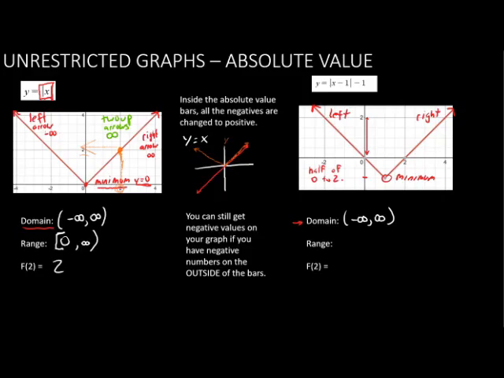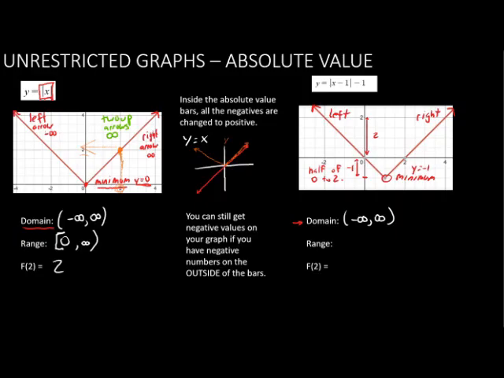So if the distance above the axis from 0 to 2 is this far, then half of that distance would be 1. However, since we're going below the axis, we actually say negative 1. So we'll say our minimum is y equals negative 1. Negative because it's below the axis, and 1 because that's about half of the distance to 2.